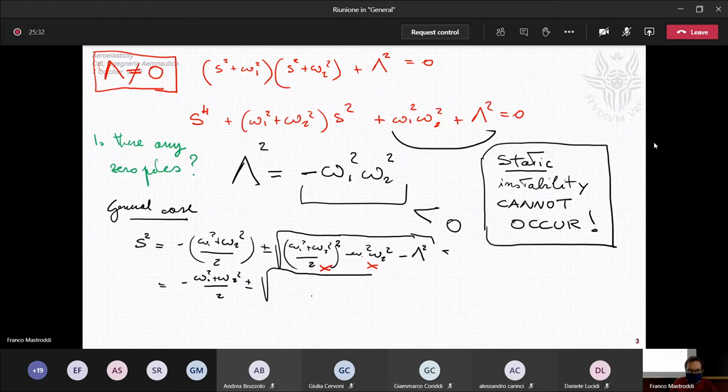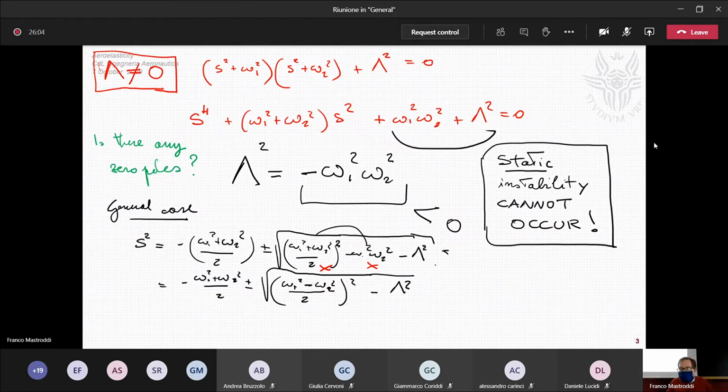So at the end, you can compact these two terms into ((omega 1 square minus omega 2 square) divided by 2) to the power 2. This is very simple linear algebra, minus lambda square.